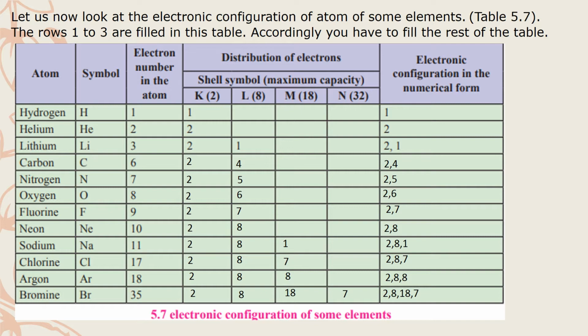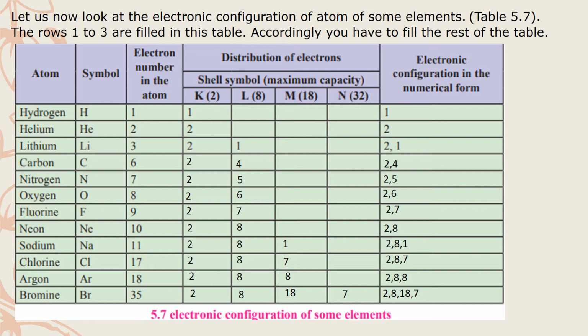Symbol will be capital C, small l. Electron number in the atom is 17. So distribution of electrons will be 2, 8, 7, meaning in the K shell 2 electrons, in the L shell 8 electrons, then in the M shell 7 electrons. So electronic configuration will be 2, 8, 7.